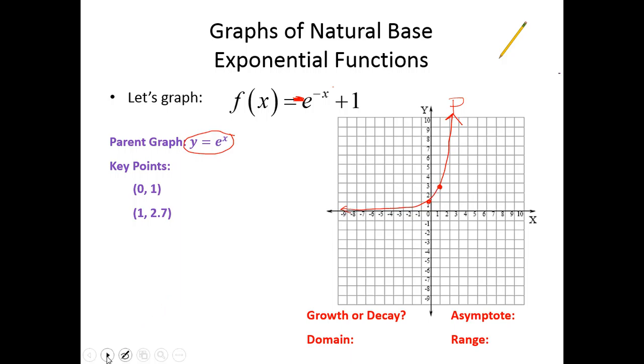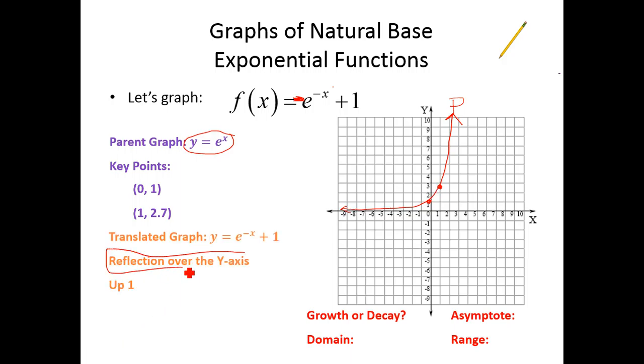But the fact that that negative's up in the exponent tells me something huge. We're going to flip that over the y-axis. Because it's e to the negative x, the negative sign is in front of the x, we flip it over the y-axis now. So this point will no longer become 1, 2.7.